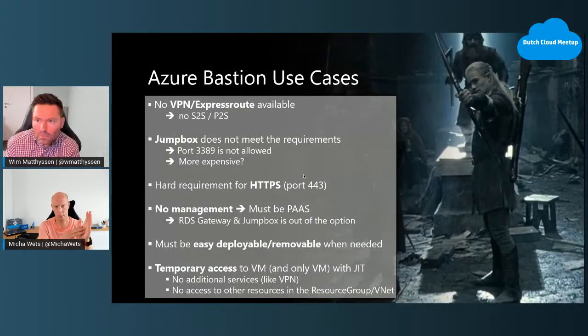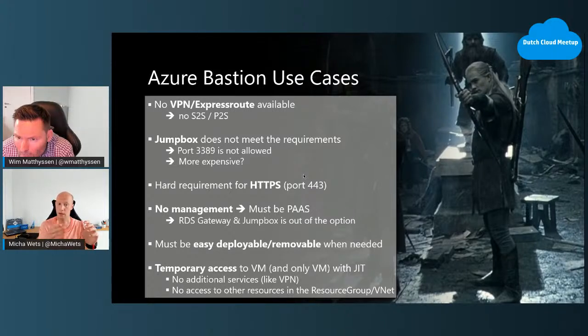Some use cases for why you want to use Azure Bastion. If there is no VPN or ExpressRoute, like Wim said, for a secure connection, then you need to seek an alternative, and Azure Bastion does fill in that blank.